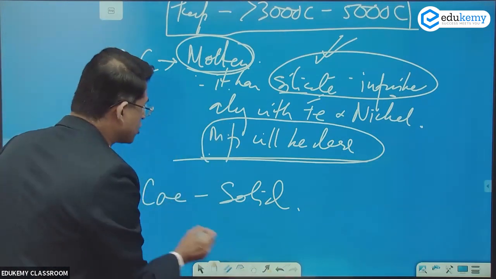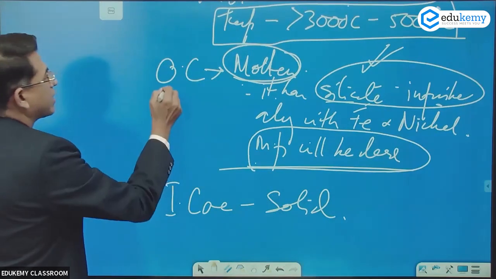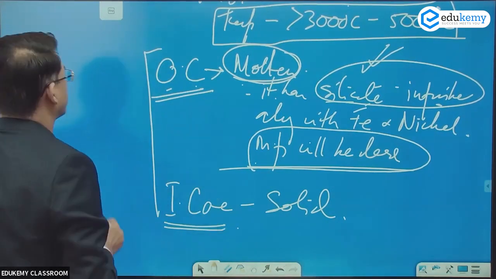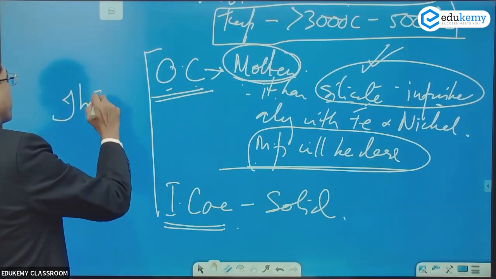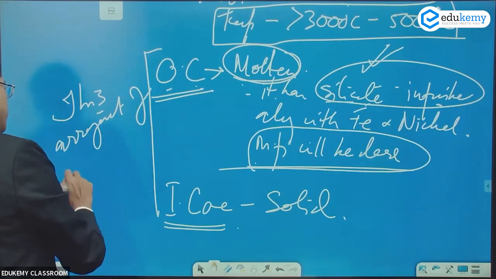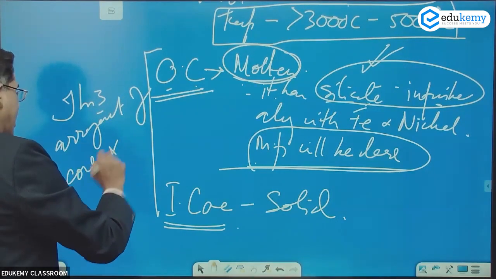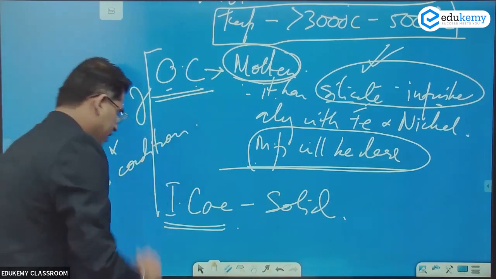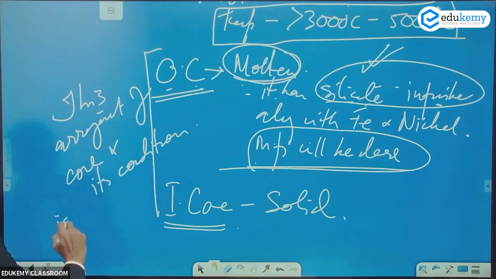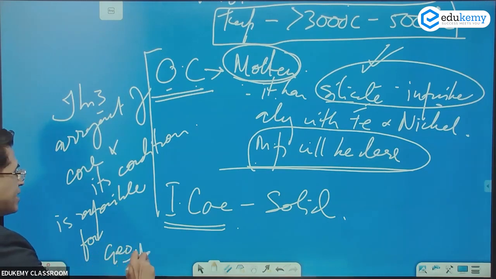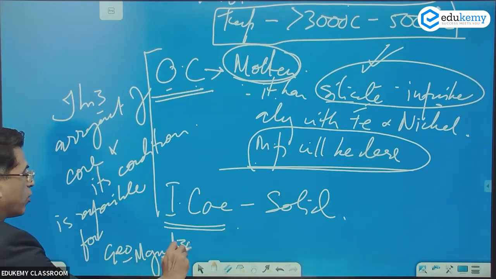And this arrangement, where the outer core is fluid and the inner core is solid, this arrangement of the core and its conditions is responsible for geomagnetism.